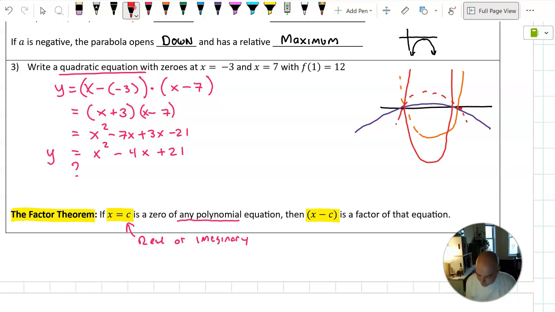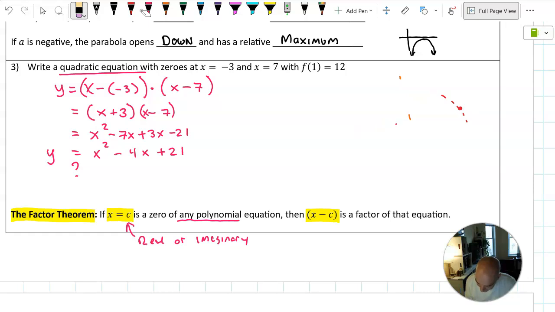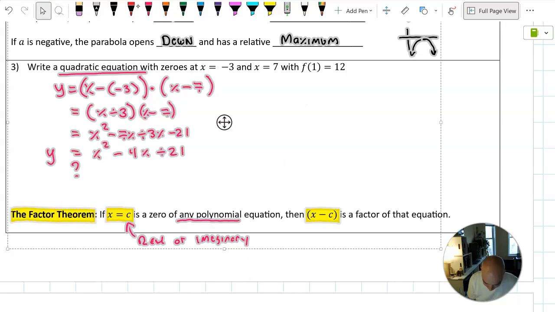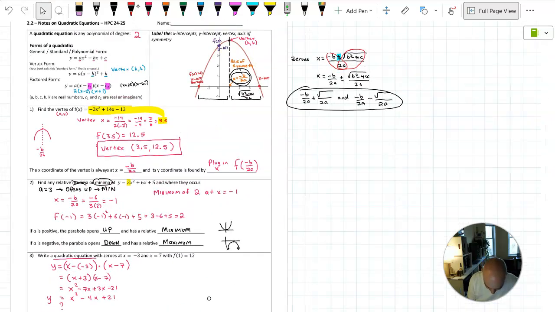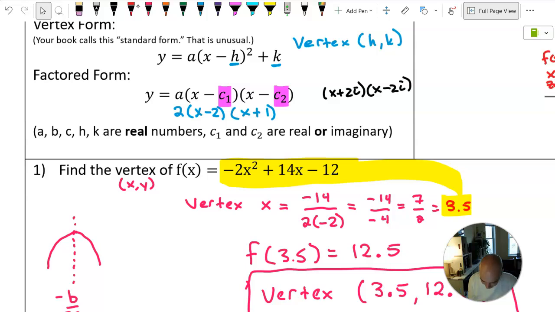There's an infinite number of quadratics, and so what you need is one additional value anywhere on the curve, and that will lock you into having only one single quadratic. And here's how you use that value. If you look up at the top, the factored form of a quadratic has two factors, but it also has a possible leading coefficient.